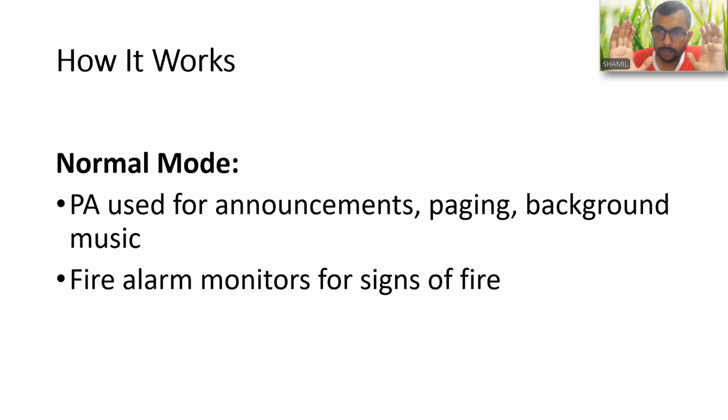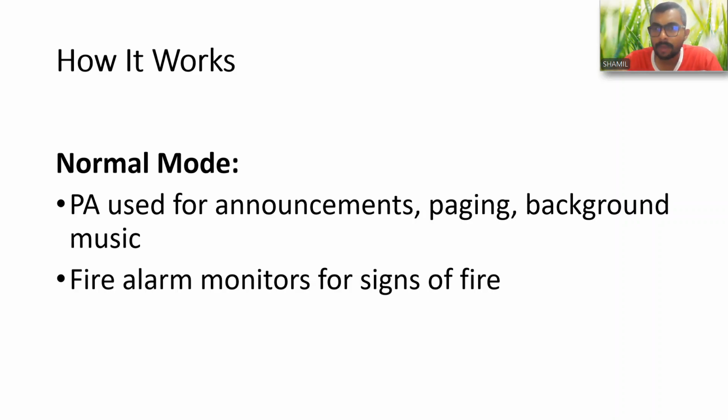Now, how does it work? Let us once again go into the operation section, the working logic of how a fire alarm system is integrated with the public address system. So first thing is we will check the normal mode. During normal time, the public address system is used for general announcements like staff announcements, department announcements and so on.